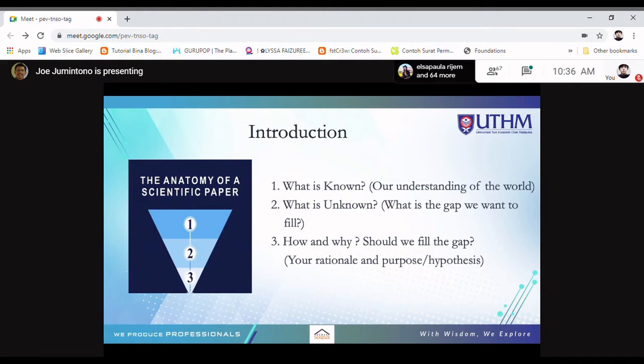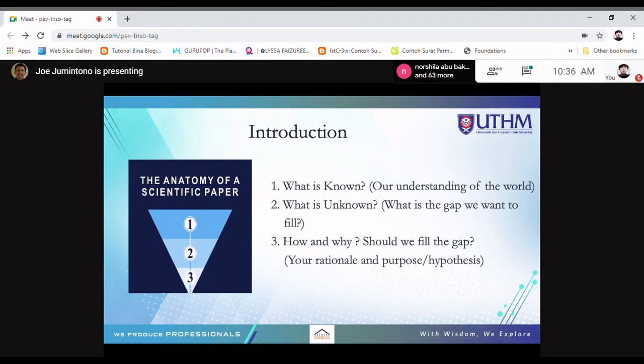This is what is namely said in the paper. This is the gap that we want to fill. This is unknown. What is unknown here is the opposite of the known in the first question.